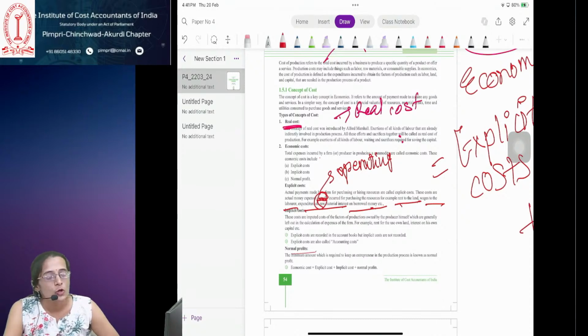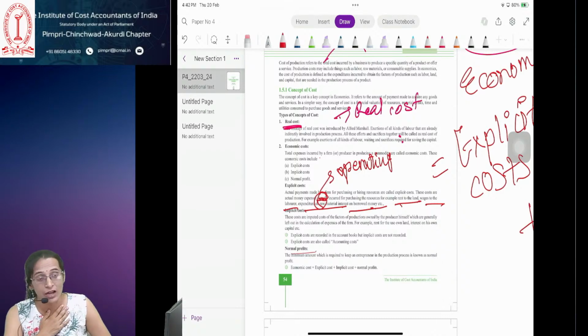Implicit costs. Implicit costs are imputed costs. Suppose I am an entrepreneur and I want to start a business. I invest some capital to start the business. The business is going on well, I am selling the goods and I get profit. Will I get interest on that capital as an entrepreneur, if I invest my own capital, not that of an outside person?